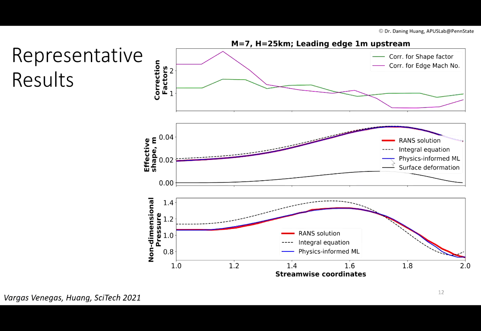And here are some representative results. Here we considered a flight condition, and then here are the functional corrections that we found. First, this dashed line is our classical integral equation, and apparently it's predicting a pressure that is off from our true RANS solutions in red.